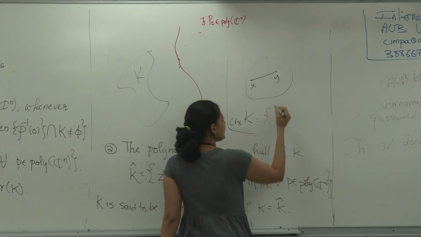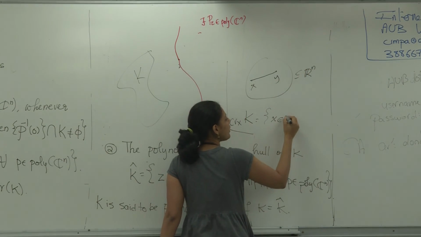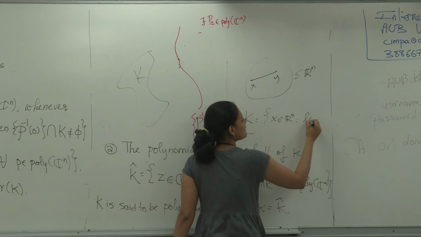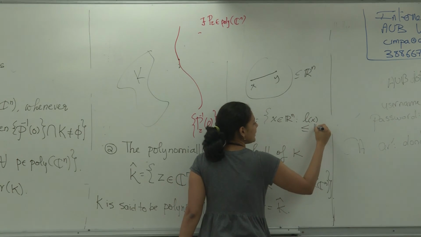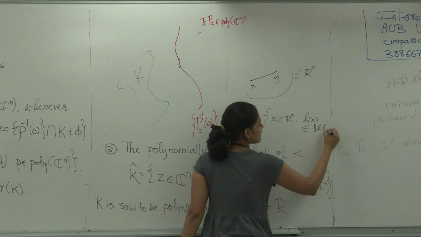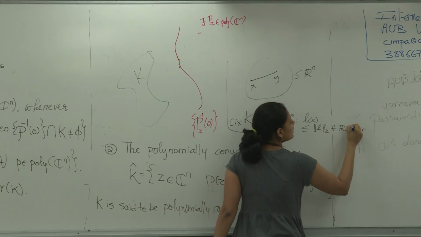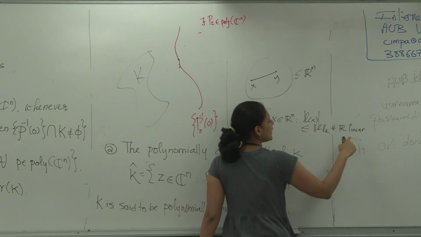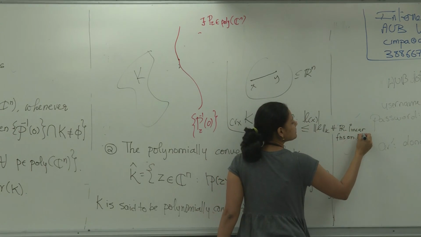So let's say this is sitting inside Rn, and you can look at all those points in Rn such that, something like this, let me just write it like this, for all real linear functions on Rn.